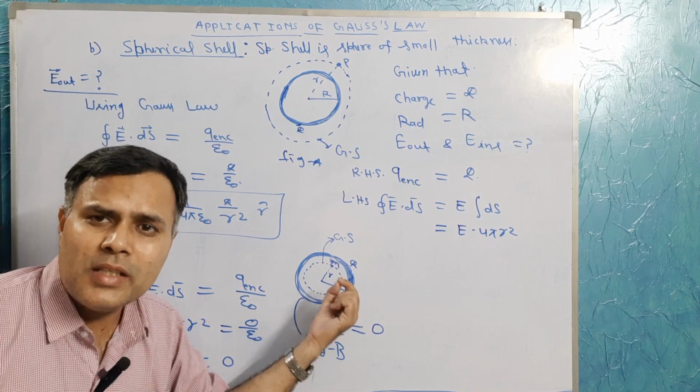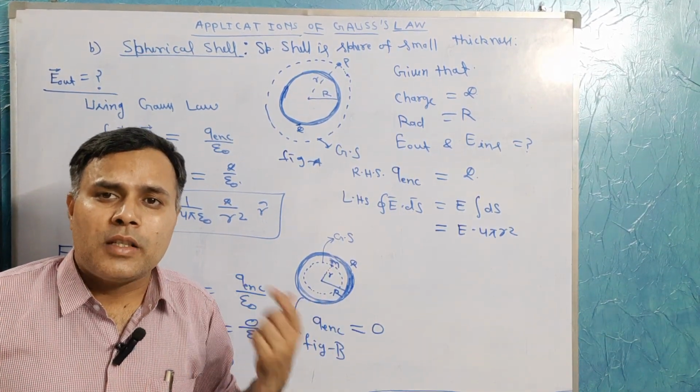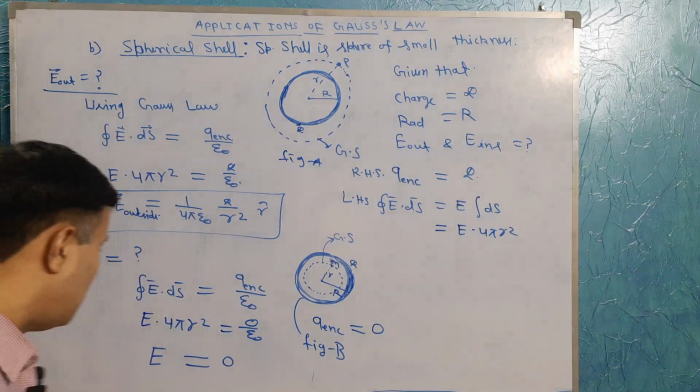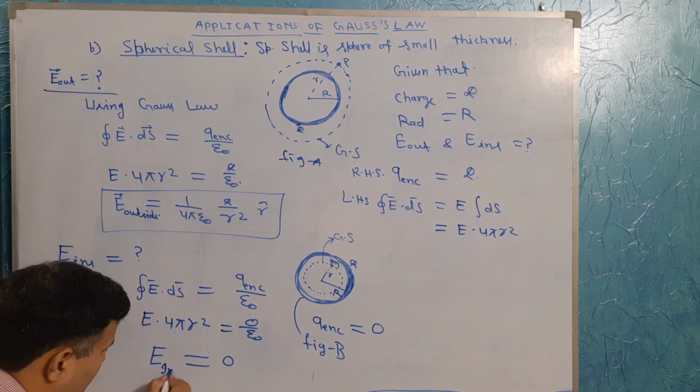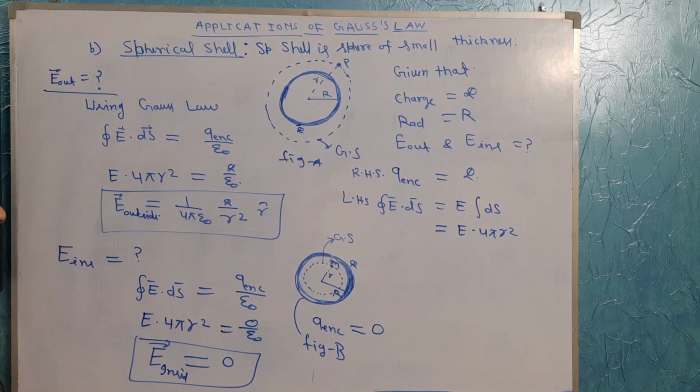There is no charge inside the spherical cell. That is why the electric field due to a charged spherical cell inside is 0.